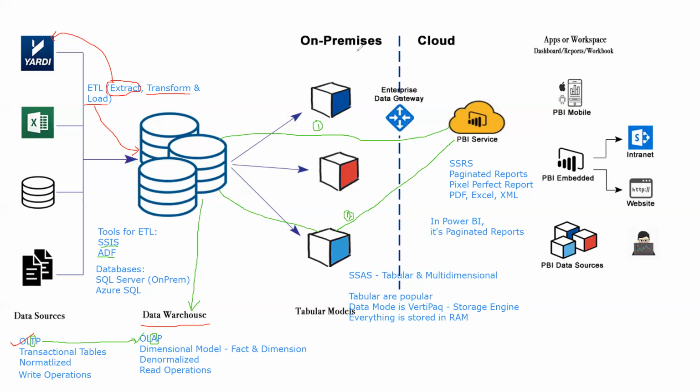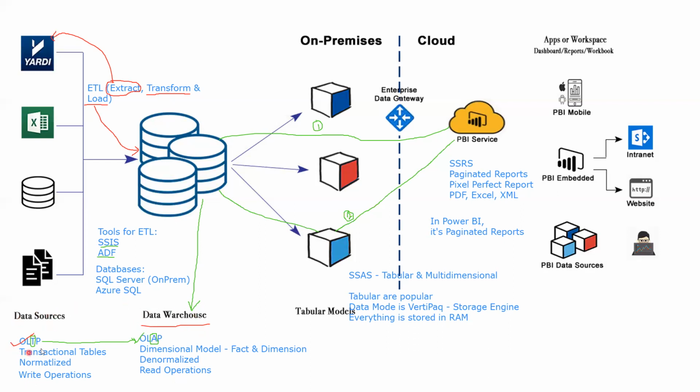So overall, we are discussing three different services from Microsoft. One is SSIS for taking the data from the different data sources, applying any transformations, and then loading it into the data warehouse. And then we have seen the characteristics of the data warehouse compared to the source system.